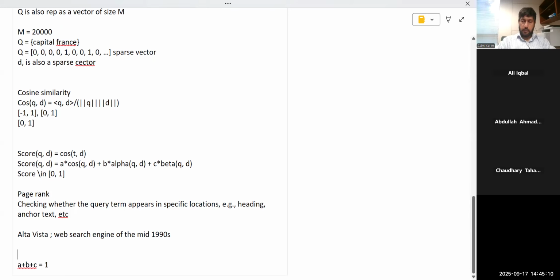Okay, so there is a small topic on inverted index. I will skip that, it is your own reading. It is on the slides and also in the book.